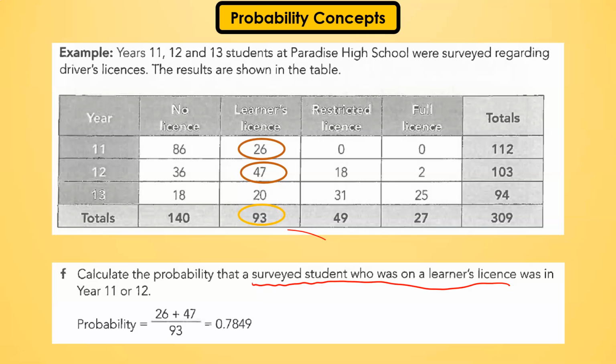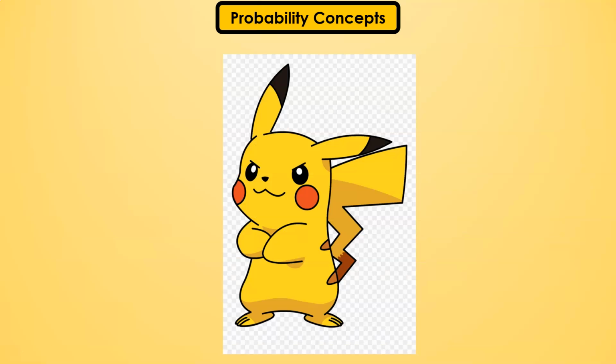That conditional probability is a really tricky one. It tends to be the thing that people get caught out on. You just have to ask yourself, who are we talking about? What's the group that we're actually interested in?